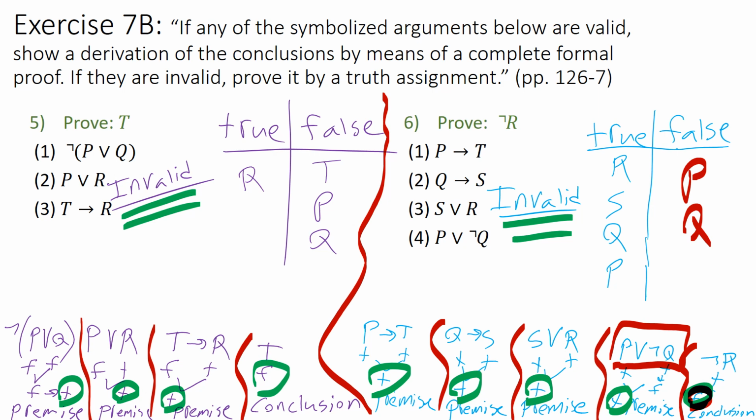And likewise here, you have a conditional. If the antecedent and the consequent are both false, the conditional as a whole is still true. So that's okay if you end up with a different selection than I do or the textbook does in these kinds of cases. All that matters is that you're consistent. So if I say that P is true, I better make sure it's true in each application.